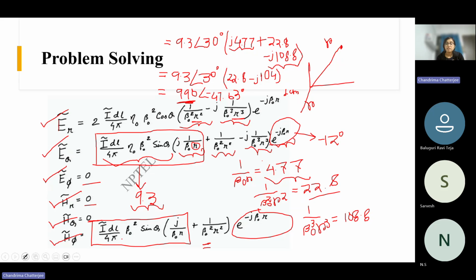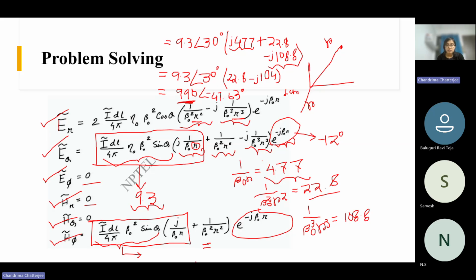Just this part we will calculate. This part is 10 into 0.01 into square sine 45 by 4 pi.